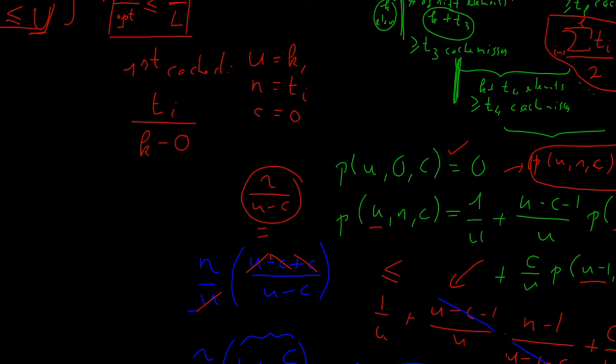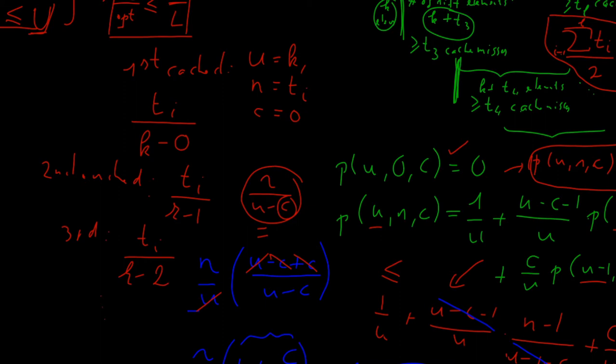Now the second cached element will have C equal 1, because there will be one cached element appearing before the second one, of course, so it will induce t_i divided by k minus 1 cost. The third one will induce t_i divided by k minus 2, and so on.